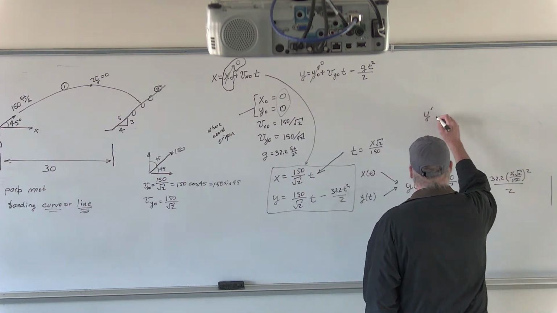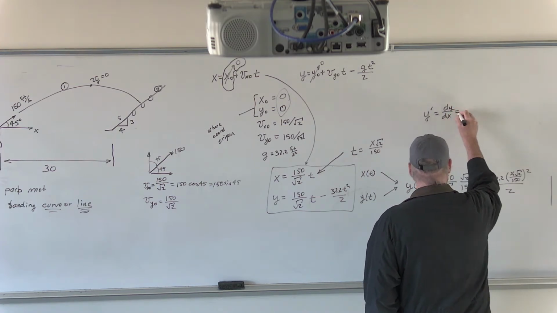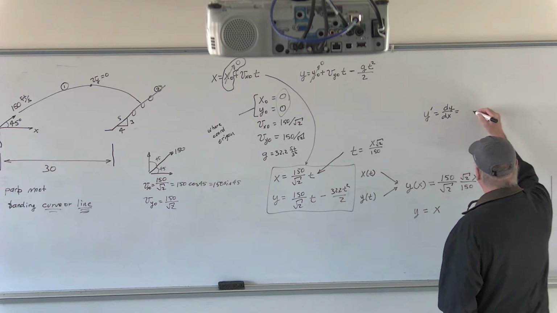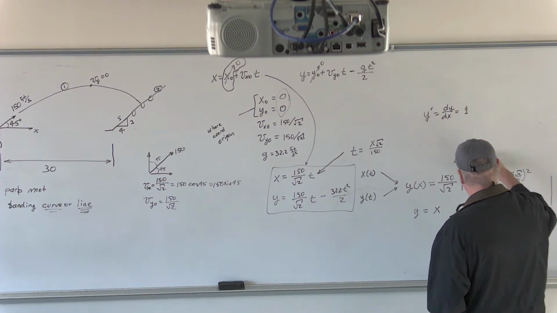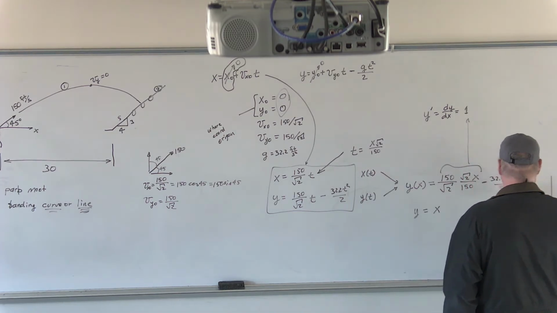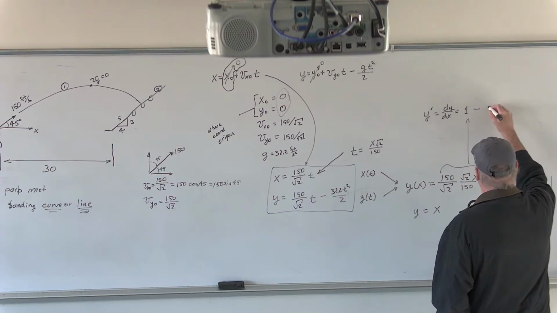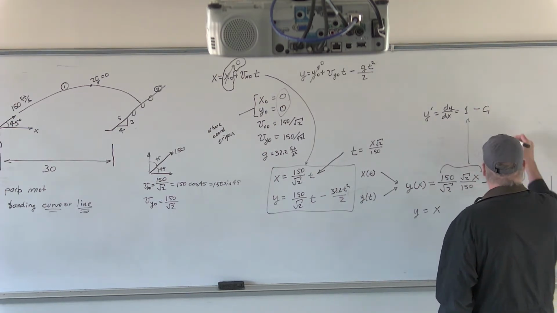Y prime, which is the same thing as dy dx, is equal to, if I took the derivative of this, I get 1, because you take the derivative of this term. And then up here, I would get some sort of constant times x.